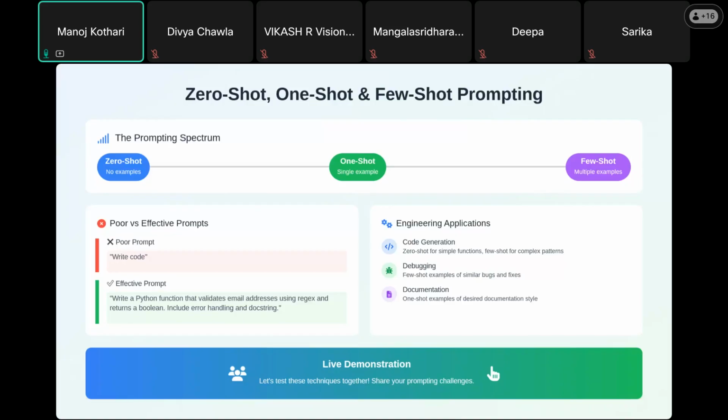Because you are not giving an example. Are you getting me? So when you don't have any example scenarios or any suggestions that, okay, do it this way or that way, then your prompt has to be discrete, specific, and concrete for the response you would like to have.